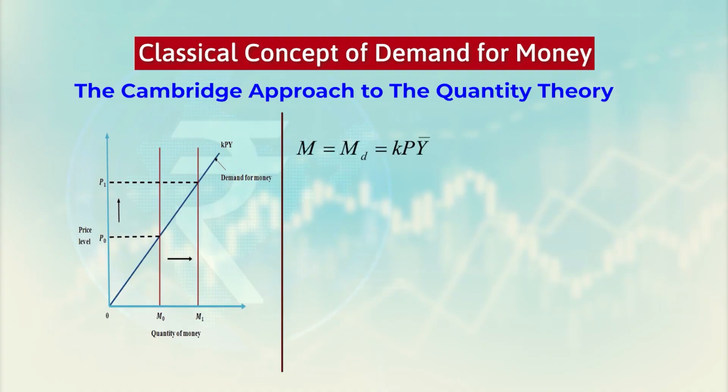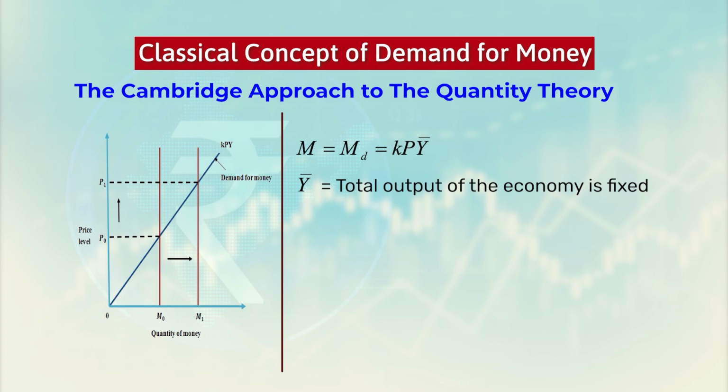Forget about the investment for the time being. If I use this extra money for the purpose of consumption, then I need to buy something. If I need to buy something, then there would be an excess demand for the goods and services that are already produced, because I said that the total output produced in the economy is constant, which is given by KPY bar. So Y bar means total output in the economy is fixed.